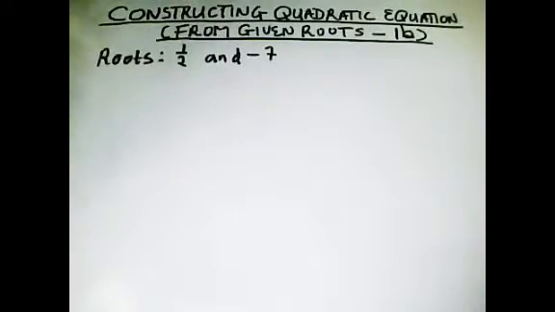Of constructing a quadratic equation from given roots. Now, in our last example, I showed you in that lesson how to construct your quadratic equation from given roots using the formulas.